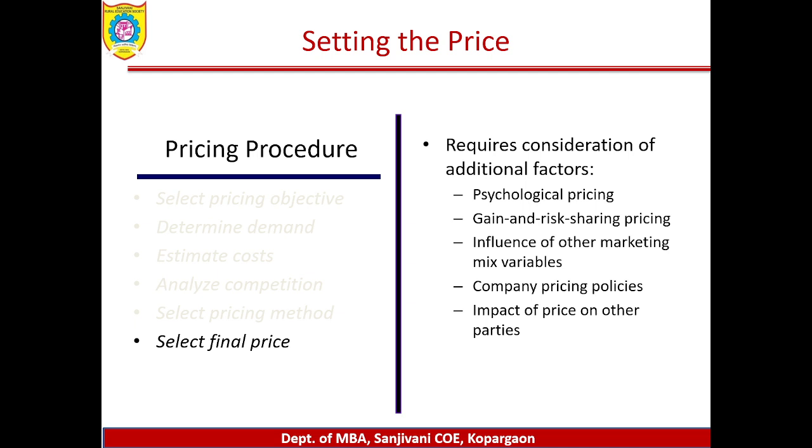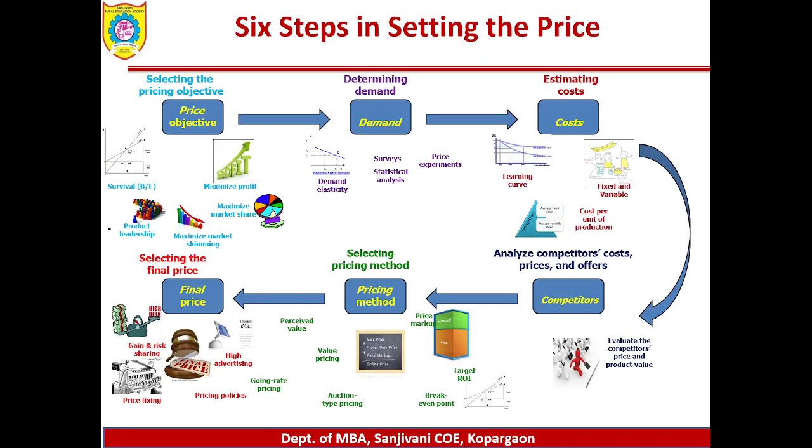Maybe you have to consider some additional factors like psychological pricing, gain and risk sharing pricing, influence of other marketing mix variables, company pricing policy, impact of price on other parties. So if you consider these factors before selecting the final price of the product, that's why the price procedure is there in a nutshell.